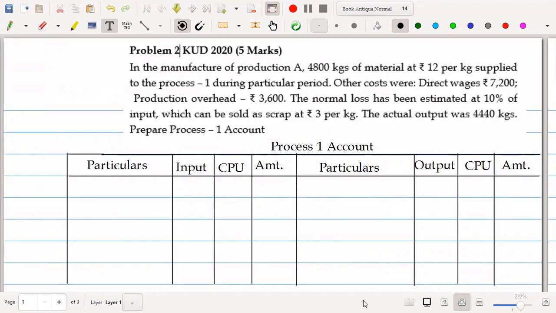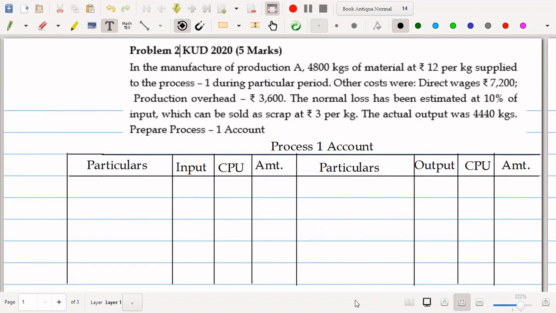That is the input. Other costs were direct wages 7,200 and production overhead 3,600. Only 2 expenses are there. The normal loss has been estimated at 10% of input, which can be sold as scrap at rupees 3 per kg. The actual output was 4,440 kgs. Prepare process 1 account.